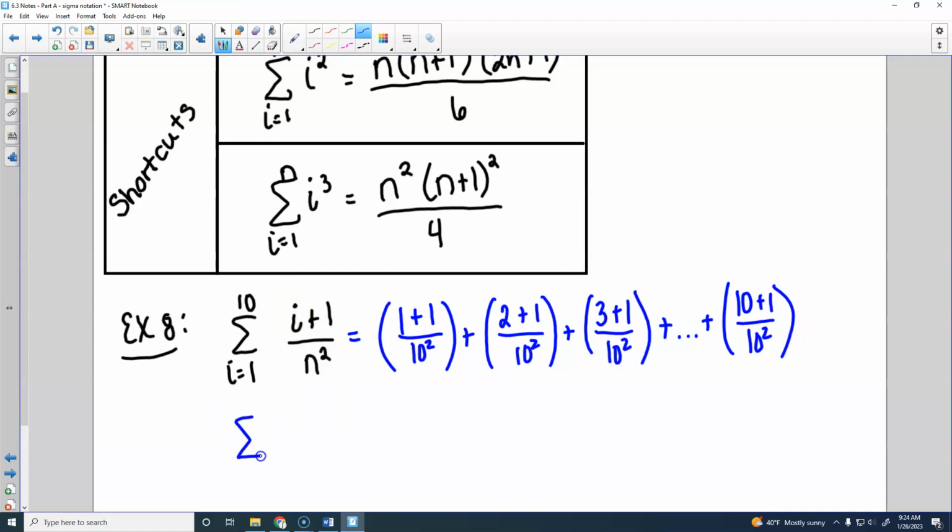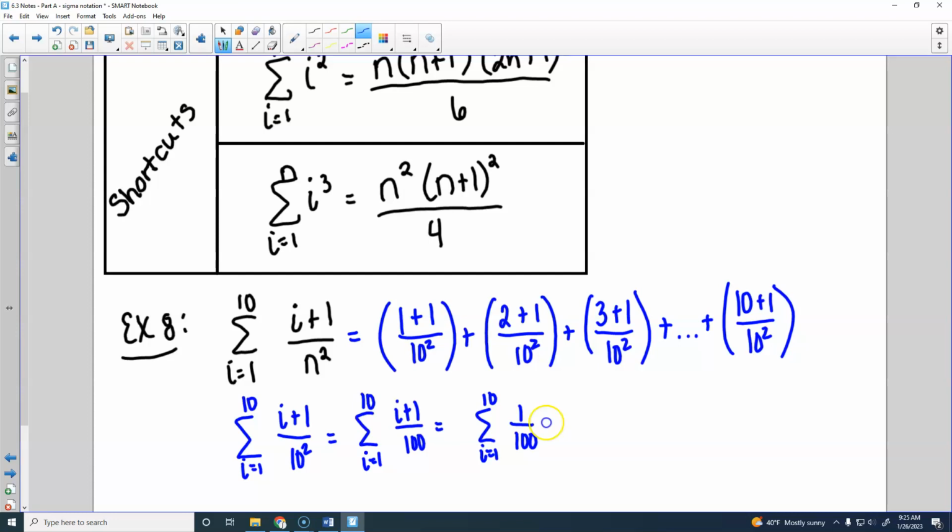So if we want to think about this, we could think about it like this: I plus 1 over 10 squared, right? Which, of course, is the sum from 1 to 10 of I plus 1 over 100. So if you think about doing this, that 100 is going to be in every single term, right? We could even think of it like this, sum from 1 to 10 of 1 over 100 times I plus 1. Those are equivalent.